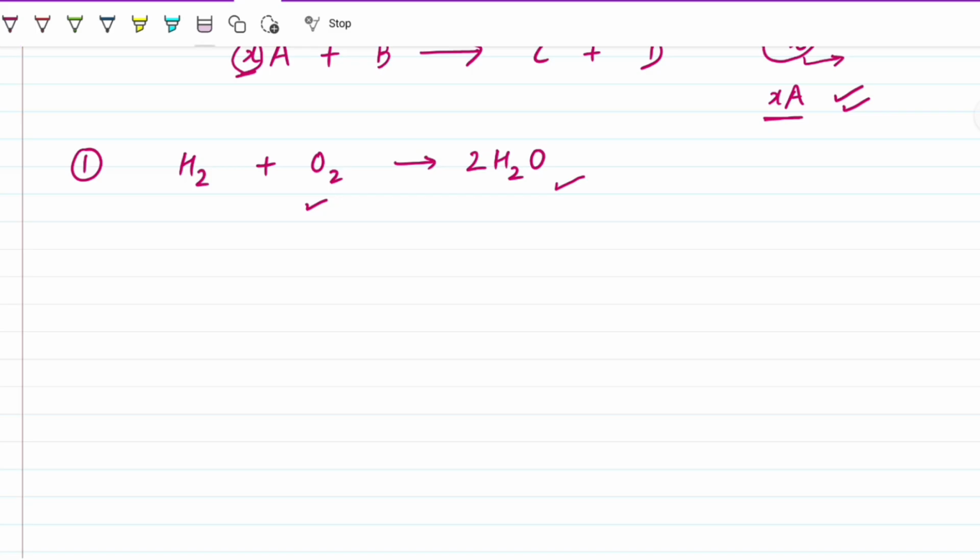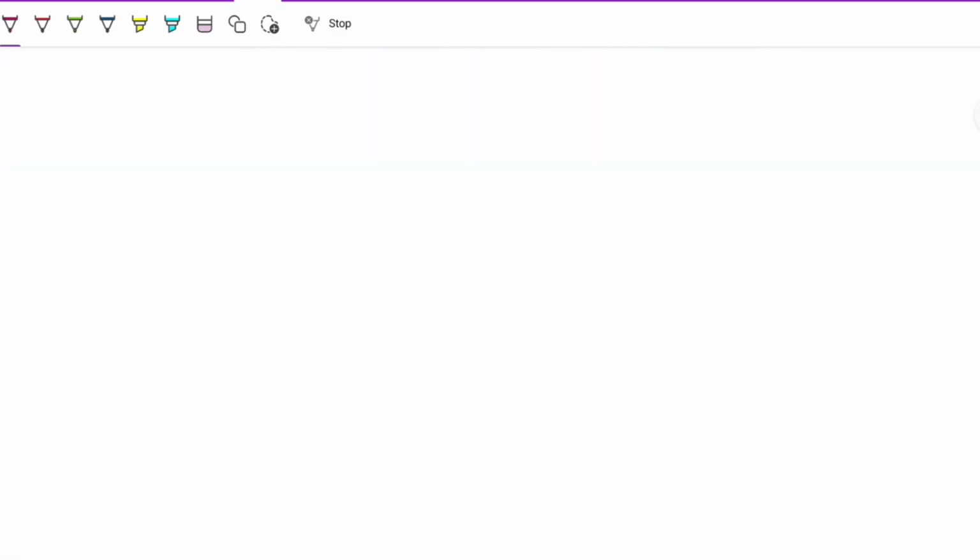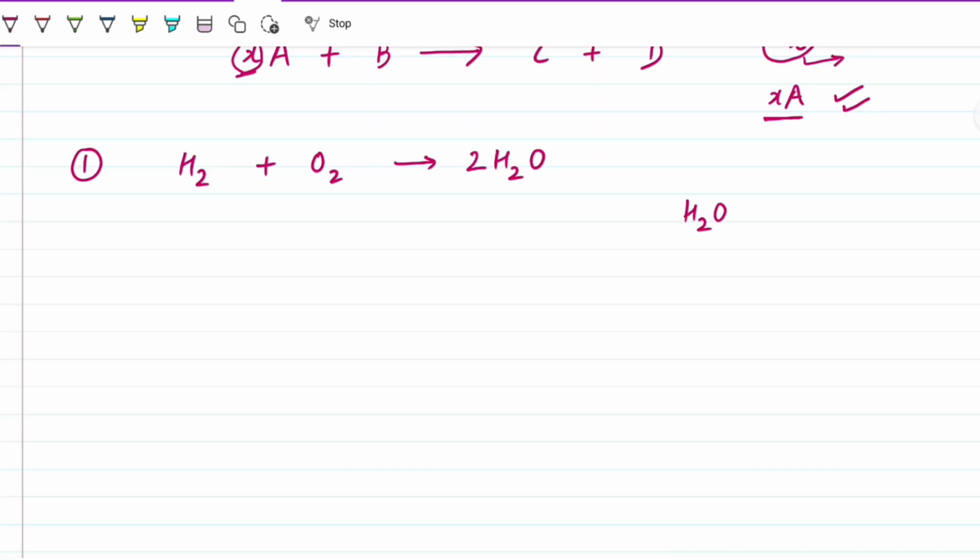Again, while balancing oxygen, I have written 2 in front of H2O. What if I write H2O2 here? It will be incorrect. Why? Because the entire formula is going to be changed.